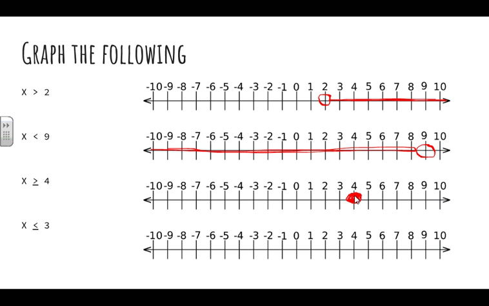Closed circle because 4 could be included. We're going to shade to the right. x is less than or equal to 3. Closed circle on 3. Shade to the left. Fairly simple for starters.